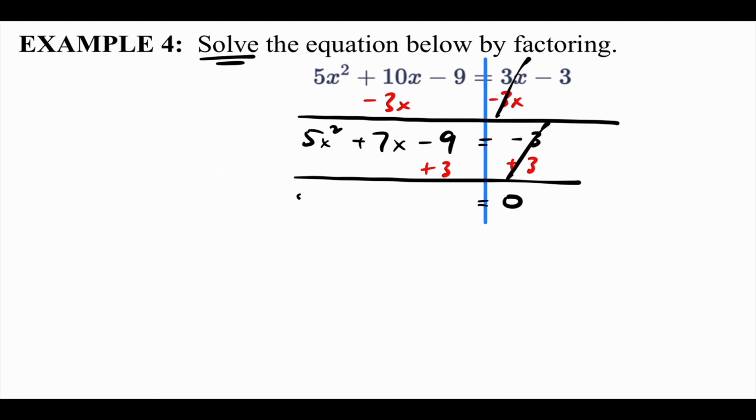So we get 5x squared plus 7x minus 6. Now it's in standard form. I have an A, I have a B, I have a C. And it's equal to 0. So step 1 is done.